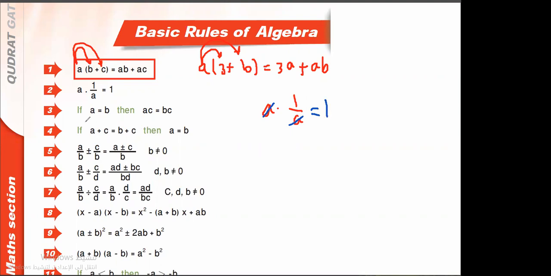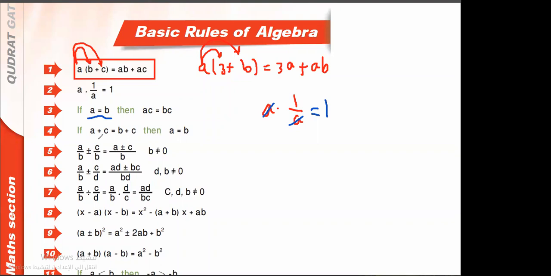Good. Okay, the third one: I have A equals B, then when you multiply by any numbers, variable numbers, constant number, any numbers, when you multiply by C, then the answer is AC equals BC. You see?